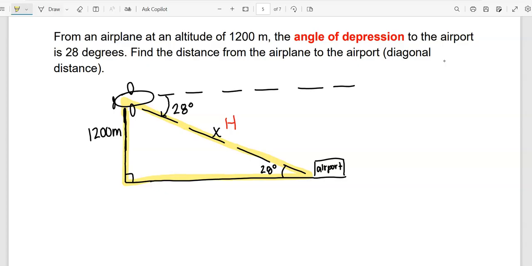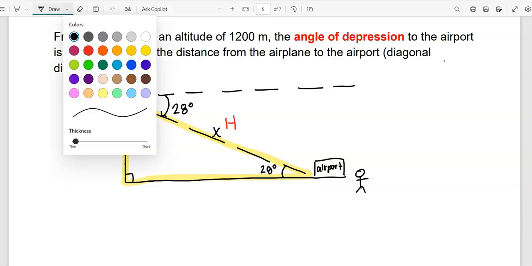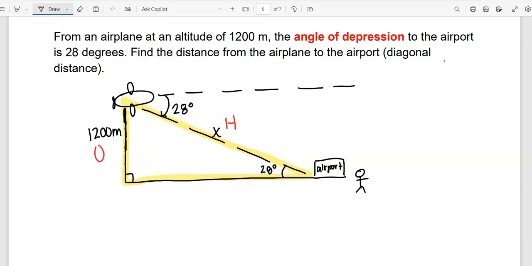And the angle measurement that we know is at the airport, so that's where our angle measurement of 28 is. What is 1200 in relationship to the airport? Opposite. So what could I use to find the diagonal distance? Sine, good. So sine of my angle measurement, 28, is equal to, what's your ratio for sine?